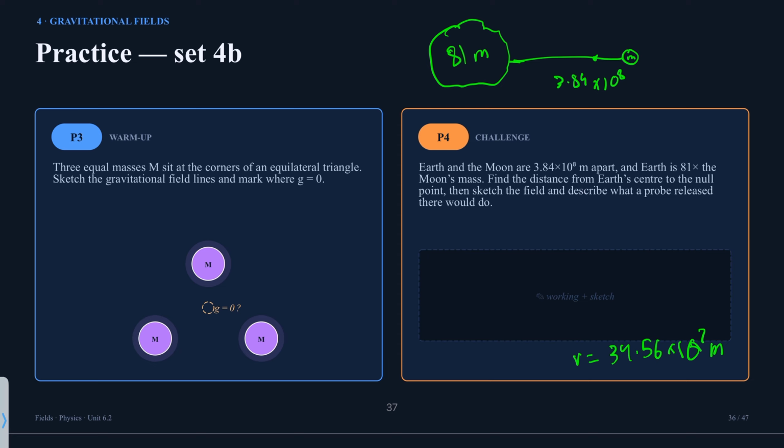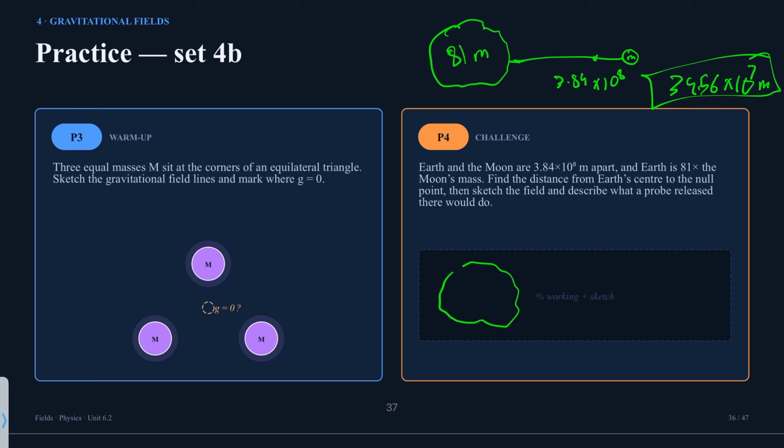So let's sketch the field. Over here, we can just say 81 m, and then we can draw a straight line at a null point somewhere over here, much closer to the smaller mass.